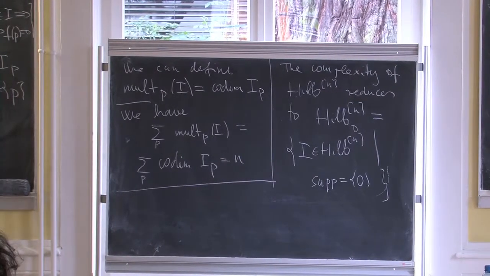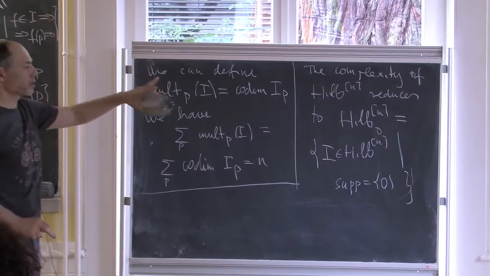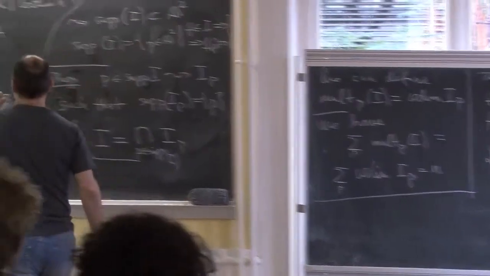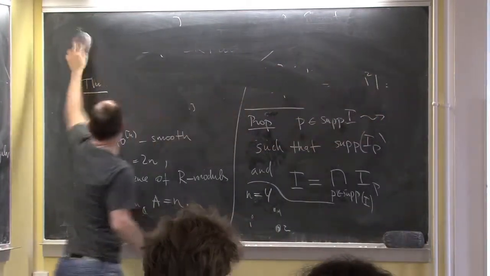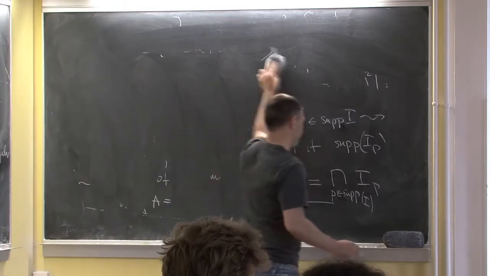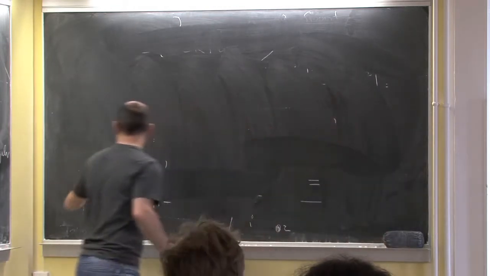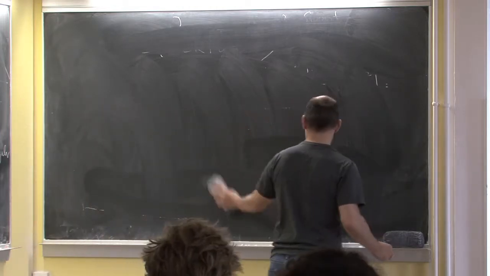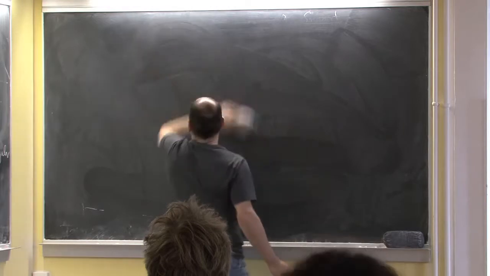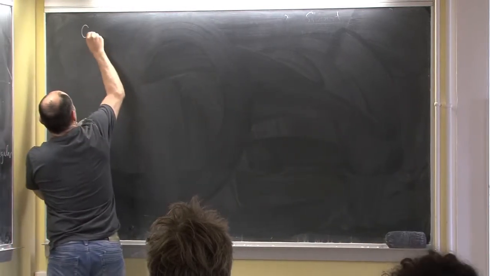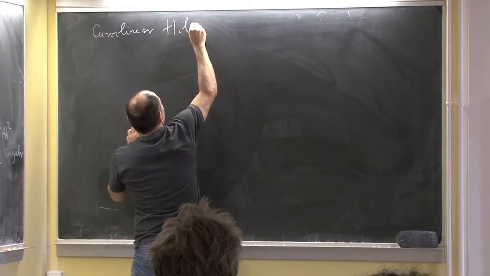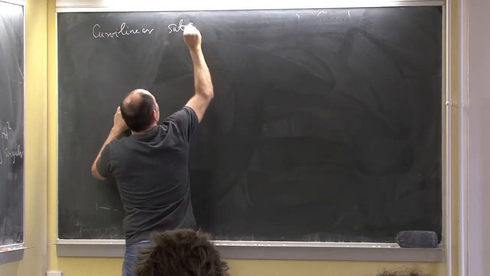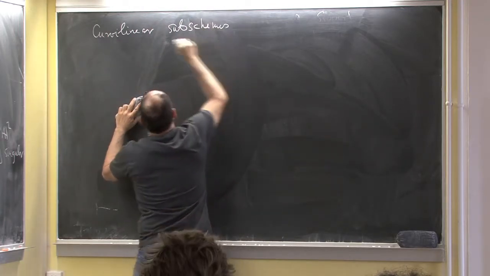What else did I want to say? I just wanted to give this general picture of this thing. I want to explain a little bit this n-1. This is also something that you don't really need, but curvilinear Hilbert subschemes.